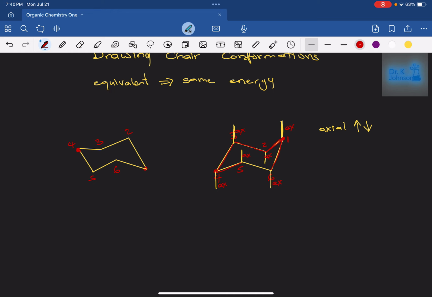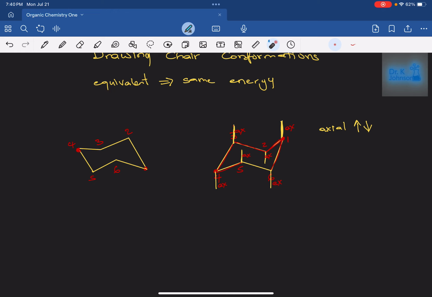All right. So your axial bonds, they point straight up or straight down. And notice, this is your chair, or you can consider it your ring. These are above the ring. These are below the ring, pointing straight down. Above the ring, point straight up. So that's the easiest way for you to identify your axial bonds.